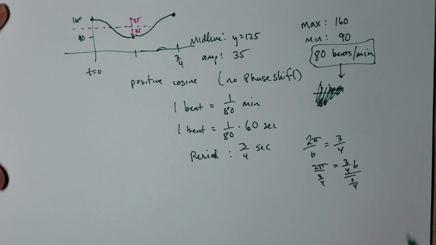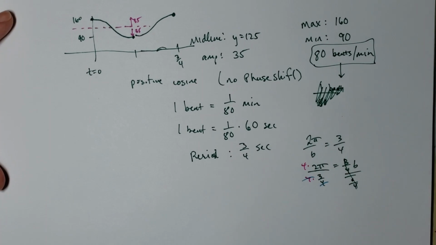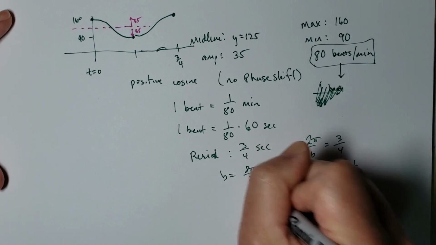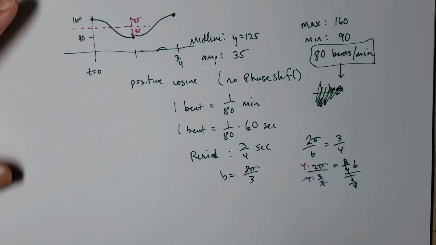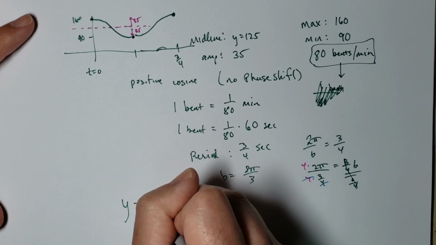Those cancel. And 2 pi divided by 3/4 gives me 8 pi over 3, so b equals 8 pi over 3. And so now I can put this all together. It's a positive cosine. The amplitude is 35.